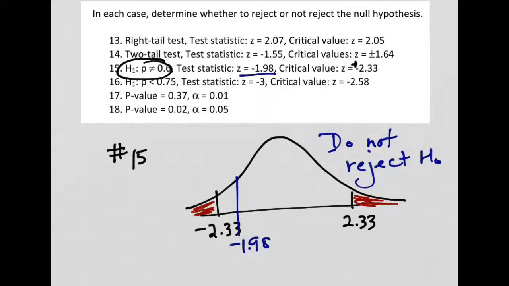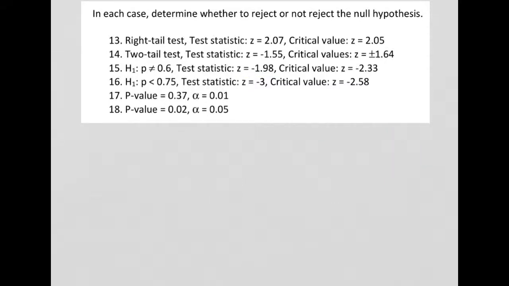All right, so one more, number 16. And that is a left tail test, we can see, because p is less than 0.75. So the values in 15 and 16 really have nothing to do with the problem. The whole thing here is that I'm trying to tell you what kind of test it is. So a two-tail test or a left tail test.